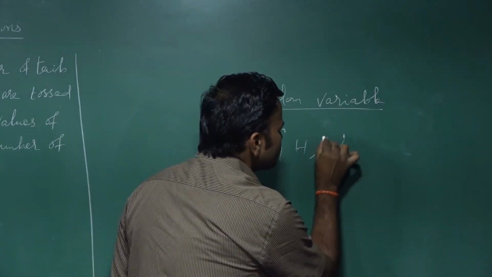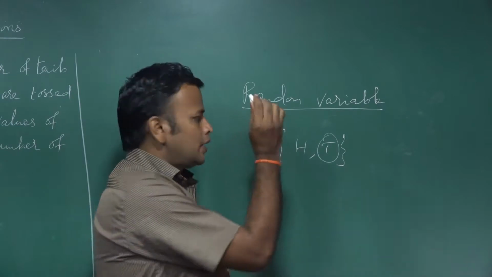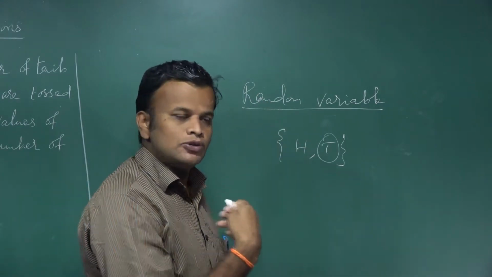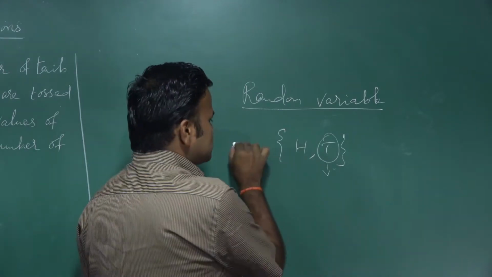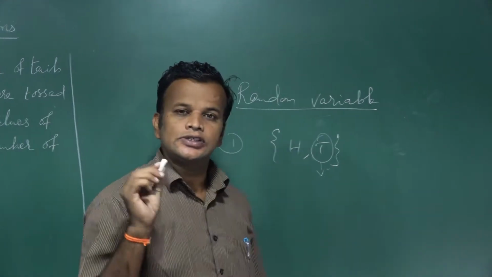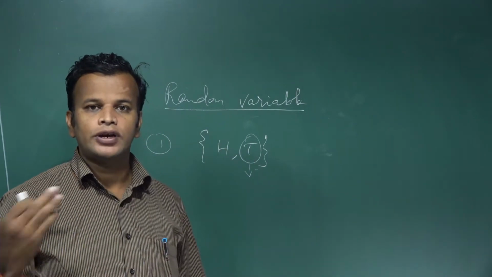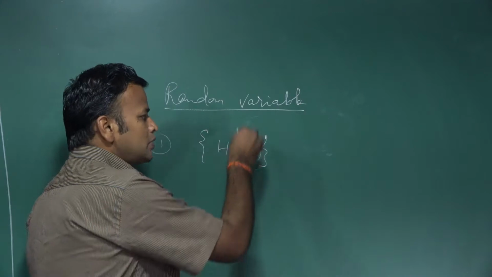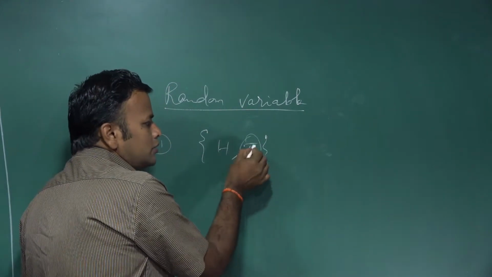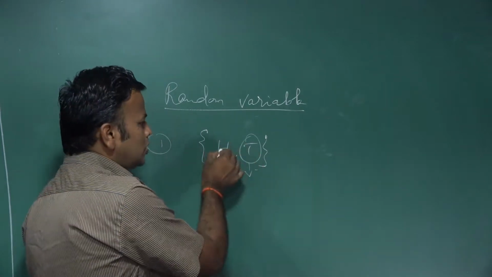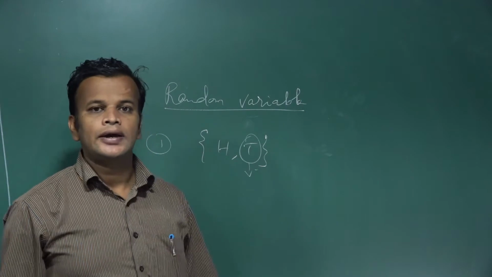Suppose I assume tail is a success. It's your choice. We tossed only once. This chance is nothing but a random variable. This may be possible or not possible. Not possible means all the time tail does not come. One or two times head is also possible. So this concept is called a random variable.